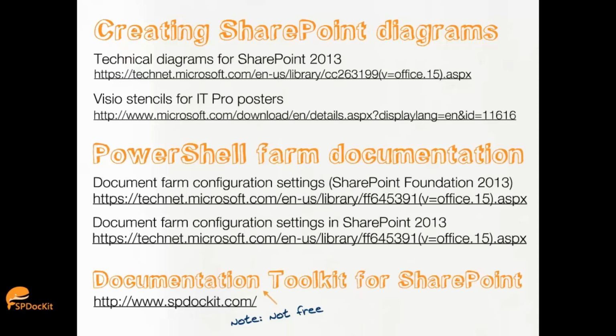A far better way of doing this is the documentation toolkit for SharePoint, or SP.kit, what our friends here at Acceleratio make. This tool is basically the same thing as PowerShell farm documentation for DR purposes, but what it does is it intelligently extracts all that information from your farm environment and allows you to generate a nice looking doc file or PDF, or to serialize that data off in some other way.